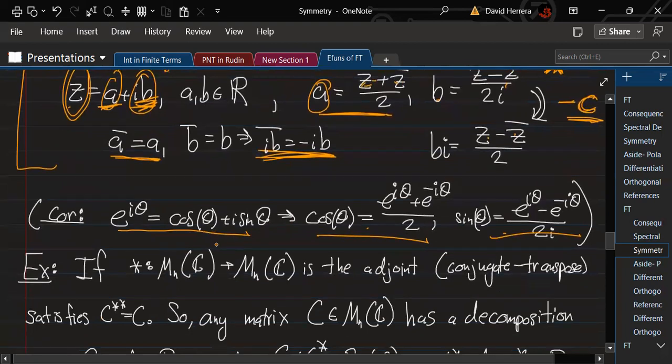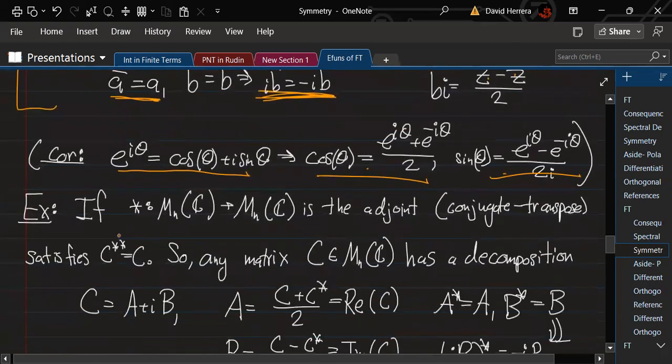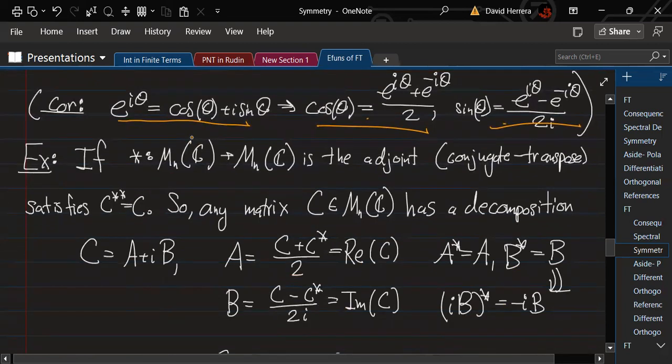Now, I want to do a different example, but it's kind of the same example, which is suppose you have n by n matrices, and you define the star operation. For the specific example that we have for matrices, it is called the adjoint. It's a conjugate transpose.